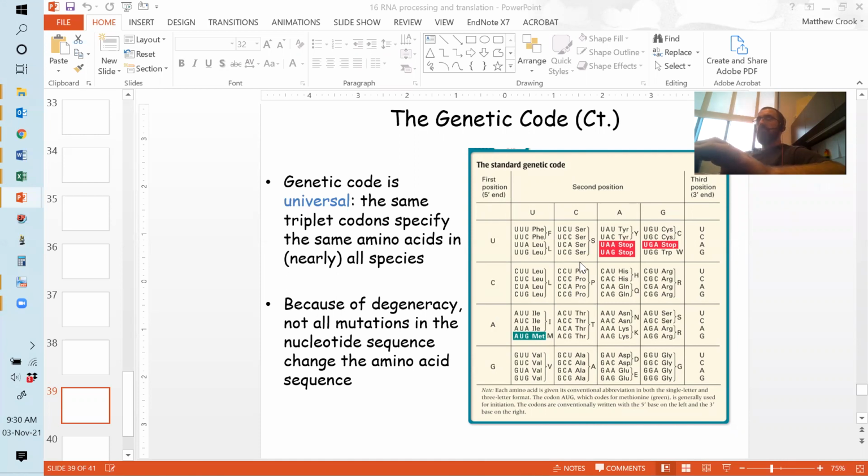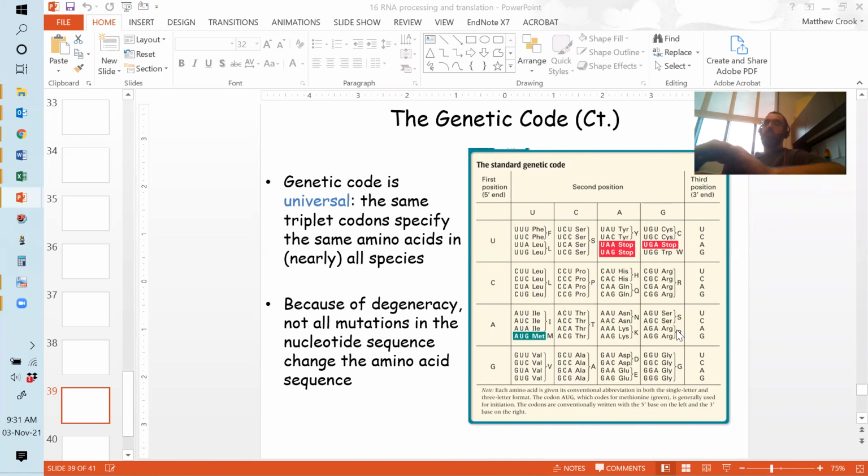So if you have a coding region or an open reading frame which has a CCC, which encodes proline, and that is changed to a CCU, nothing happens.